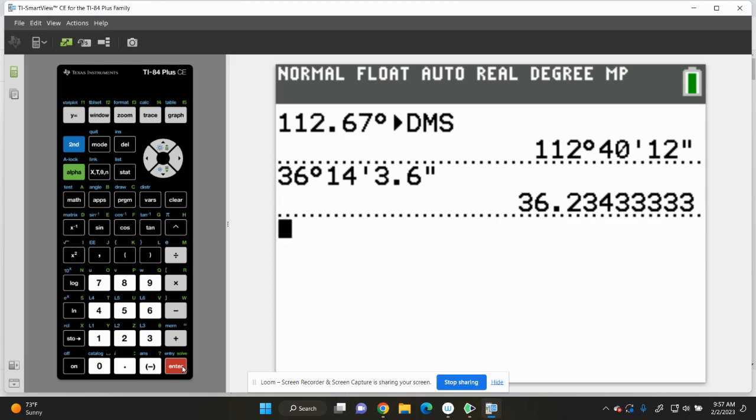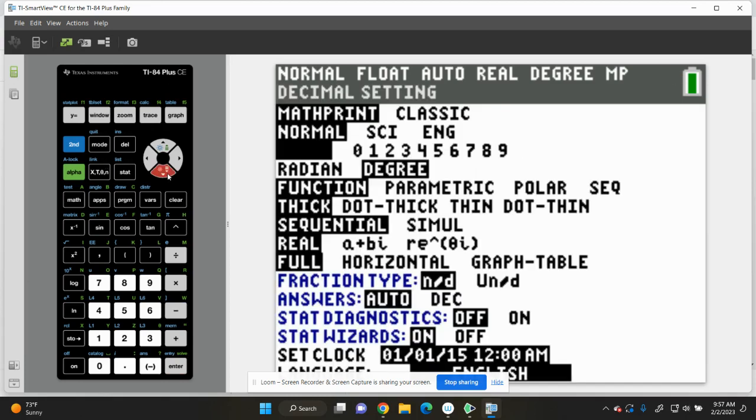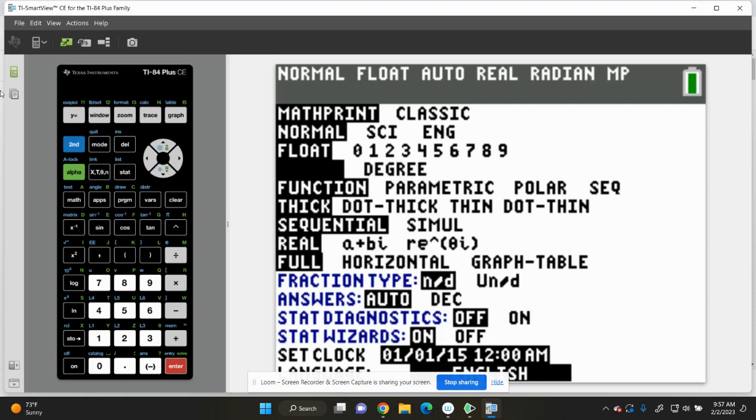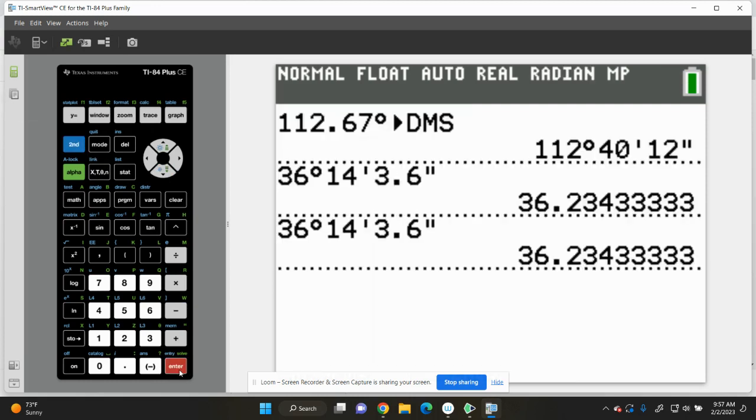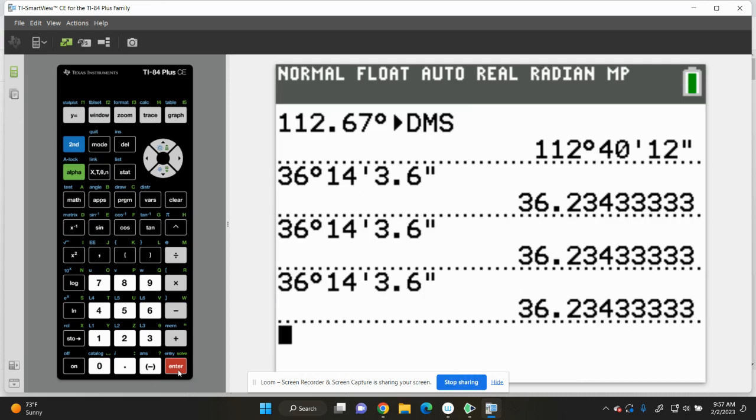What happens if you're not in degree mode? Let's see if it still works.